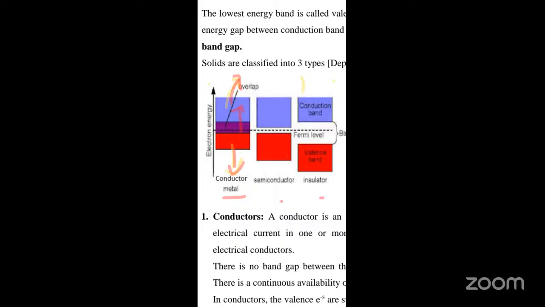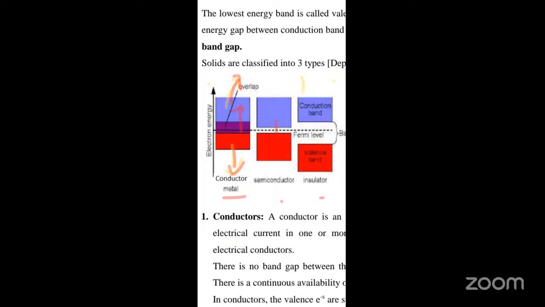Whenever the conduction band and valence band are arranged with a small gap, a few electrons are moved from the valence band to the conduction band.